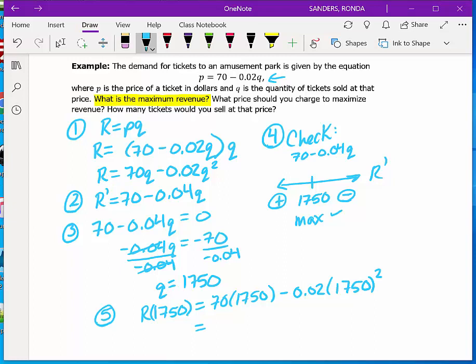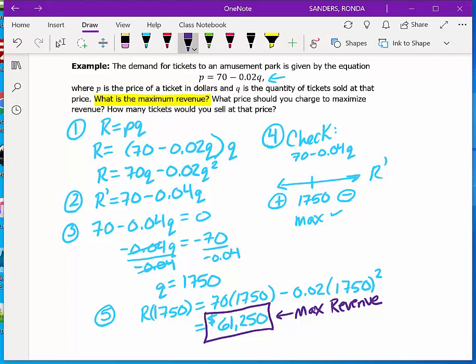You can use your calculator to evaluate this, and we will get 61,250. So this is our maximum revenue.